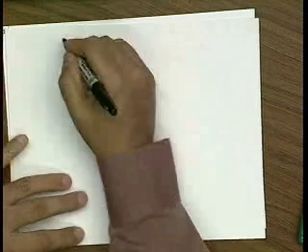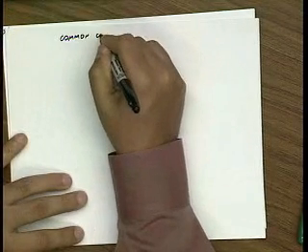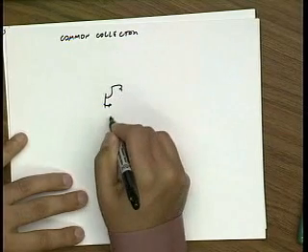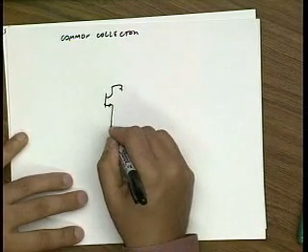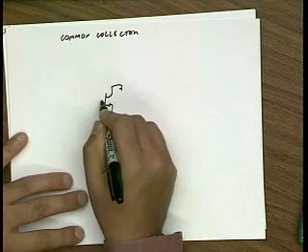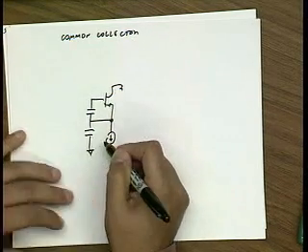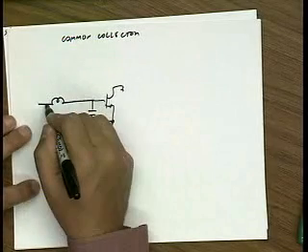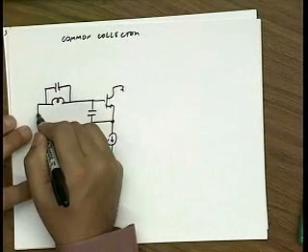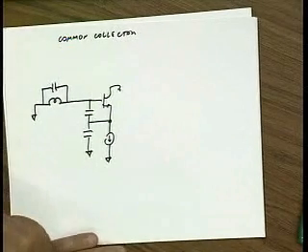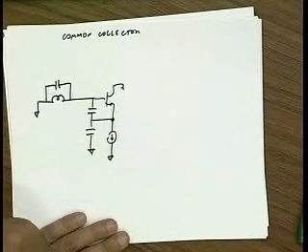Okay, let's look at the common collector oscillator in a little bit more detail. Okay, so the way the circuit looks now, I can draw the biasing. I can use a current source to bias it. And I have this LC tank. Okay, so now the first observation is that it's very similar to the Pierce oscillator.